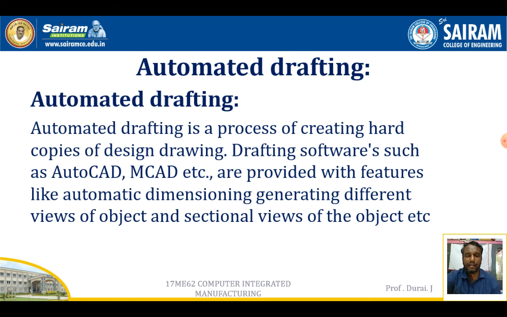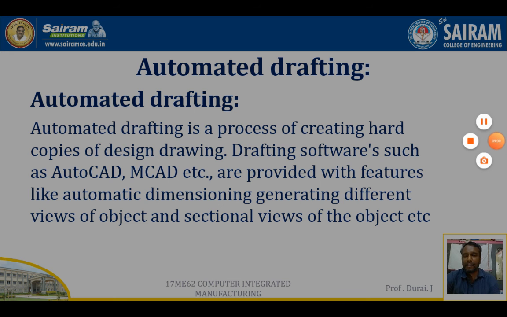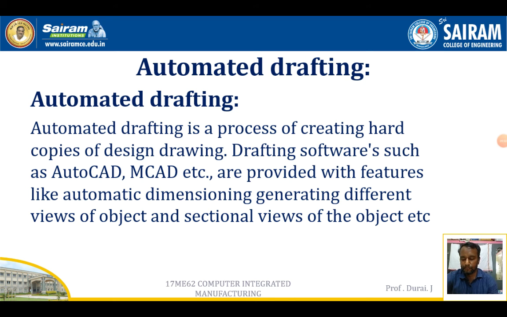Then comes the next one, automated drafting. It is the presentation stage. In the conventional design process, the presentation has to be done on A4 size sheets and everything has to be done manually.